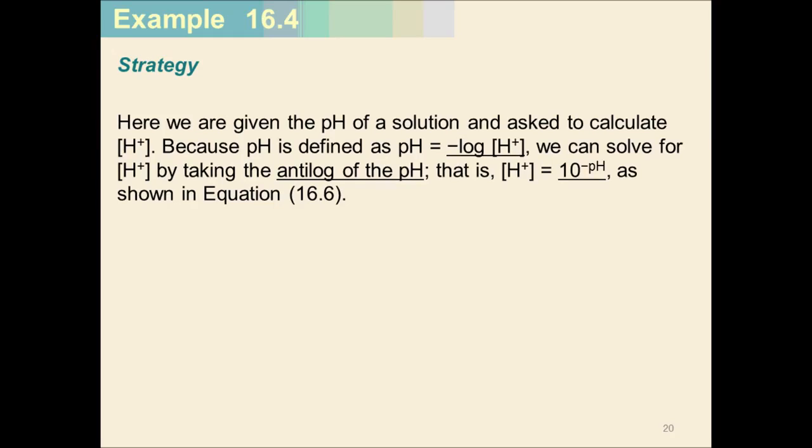Here we are given the pH of a solution and asked to calculate the hydrogen ion concentration. Because pH is equal to minus the log of the hydrogen ion concentration, we can solve for it by taking, technically, the anti-log of pH. That is, the hydrogen ion concentration is equal to 10 to the minus pH, as shown in equation 16.6.